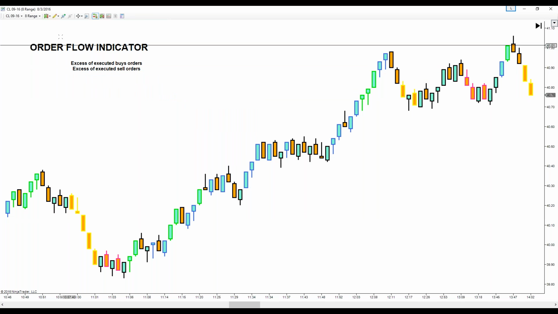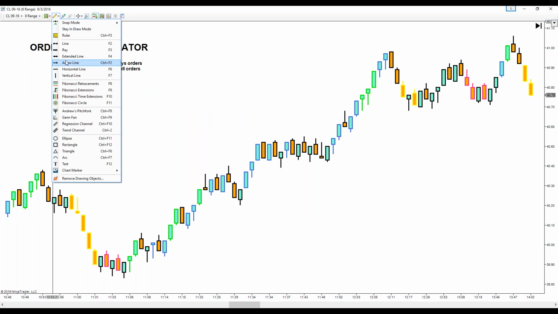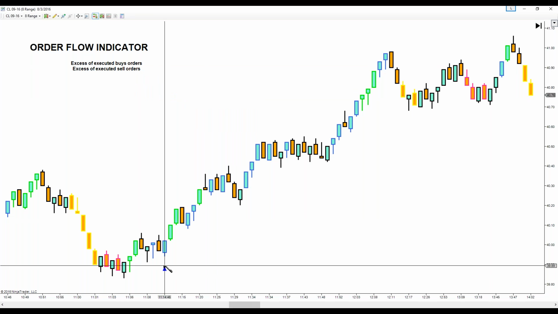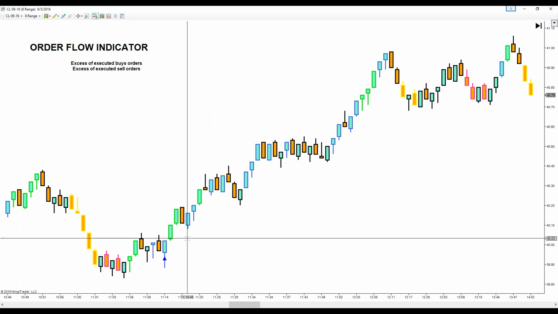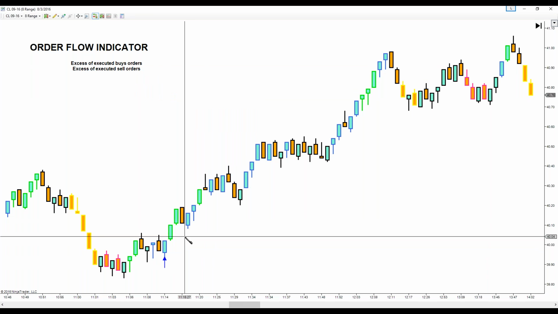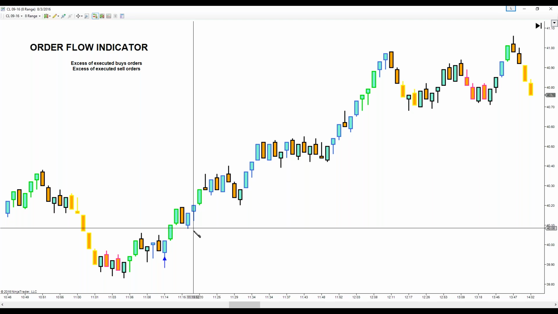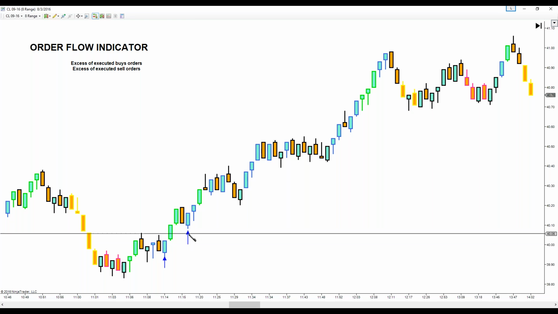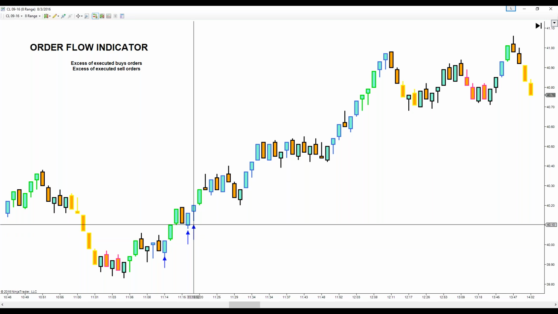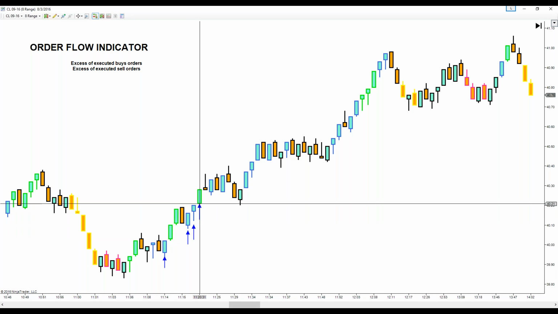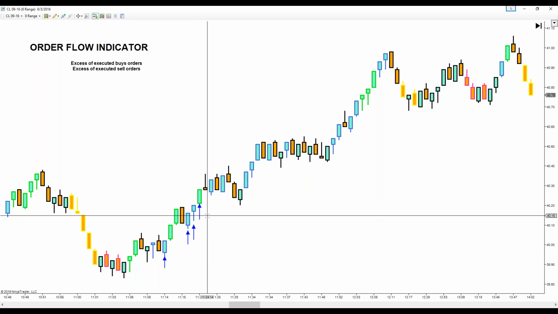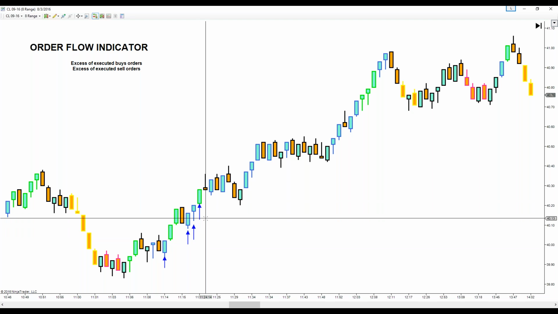Now, when that alignment occurs, what you get is these candles outlined in blue or green. Whoops, it doesn't matter what color they're outlined in. I didn't fix it, so they're all outlined in one color. And that tells you that order flow is aligned to the upside.